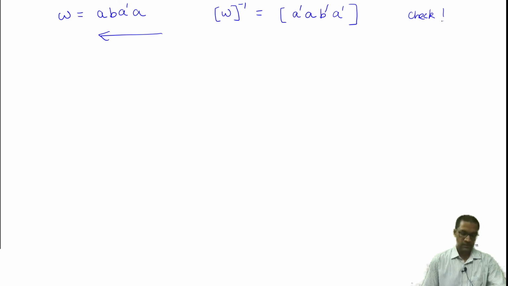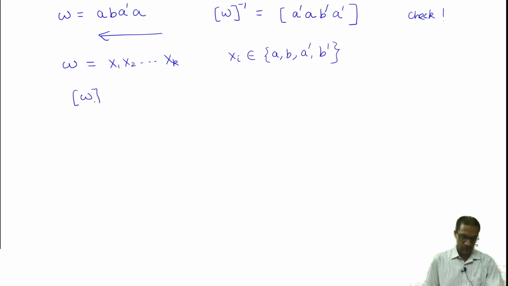Okay, and it's easy to write a general prescription as well if you wish: if W is a word which looks like x1, x2, ..., xk, each xi is a letter, it's either A, B, A dash or B dash, then the inverse of W is just given by the equivalence class of, well, read it in reverse, so yk, ..., y1, where yi is just the dash of xi.